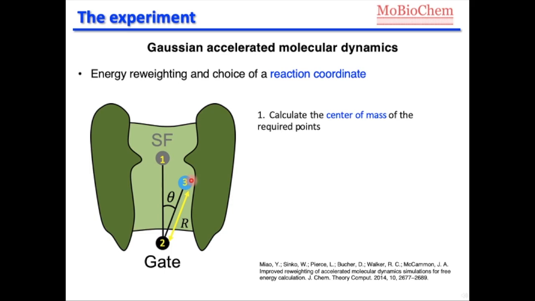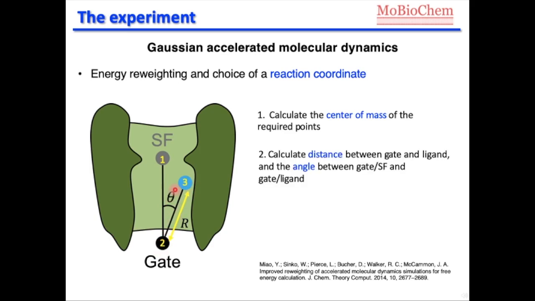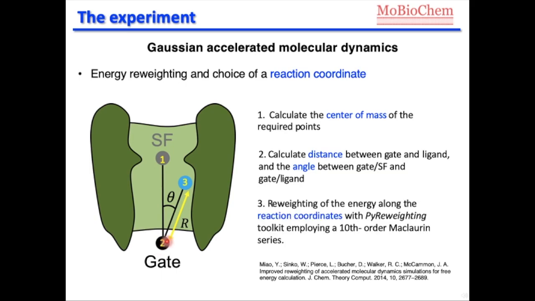Then, the two reaction coordinates were chosen to be the distance between the gate and the ligand, and the dot product between the two vectors going from the selectivity filter to the gate and from the ligand to the gate. Then, finally, the biased free energy surface was reweighted along these two coordinates, with the PyReweighting toolkit with a 10th order Maclaurin series.